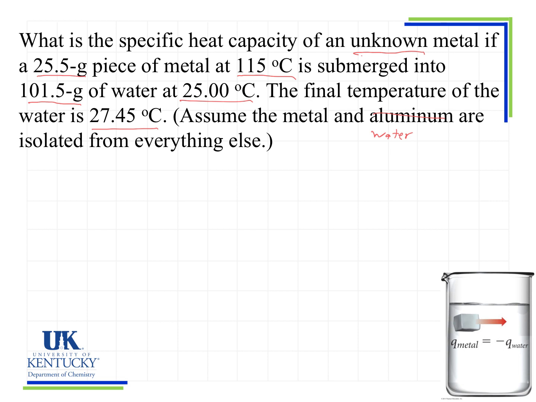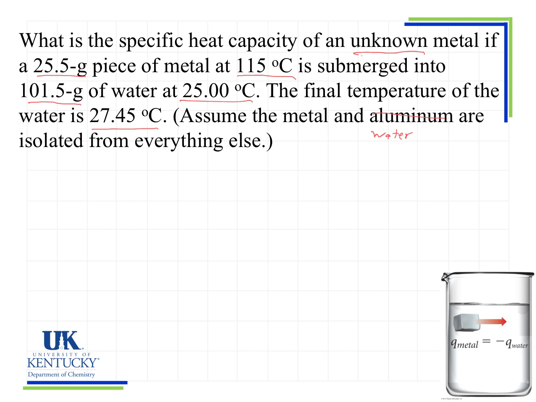So assume the metal and the water are isolated from everything, and we always add this, or sometimes we say assume that the heat loss to the surrounding is zero. Because if we have heat loss from the beaker, from the container to the room, then it messes up the calculation.